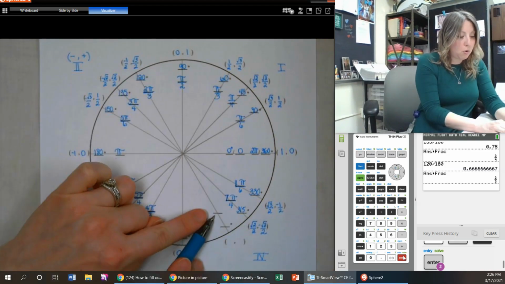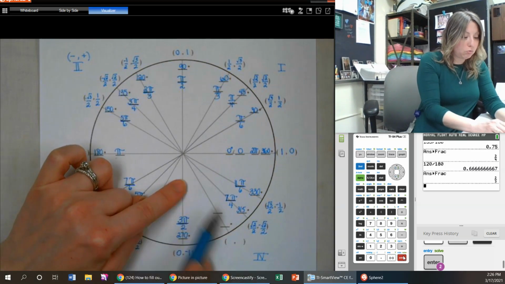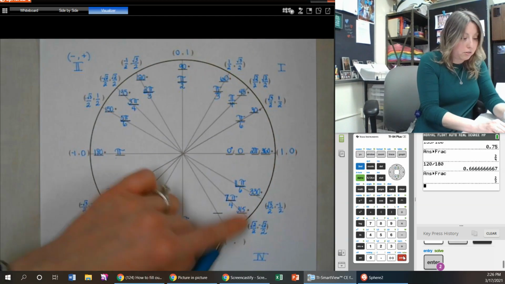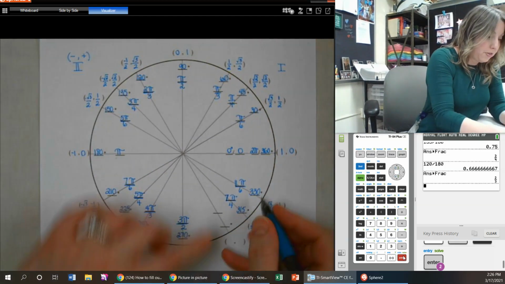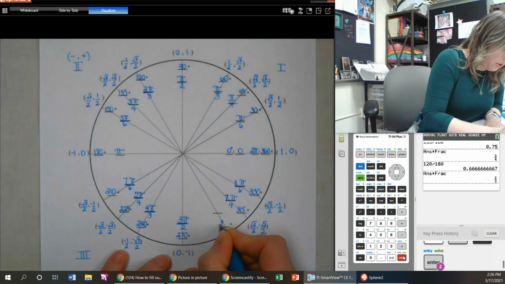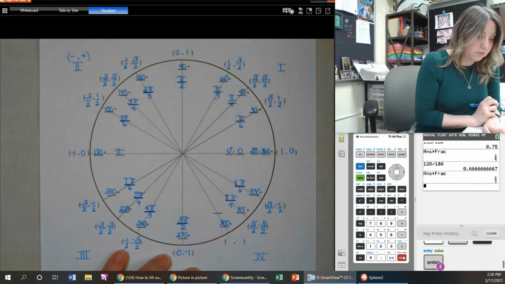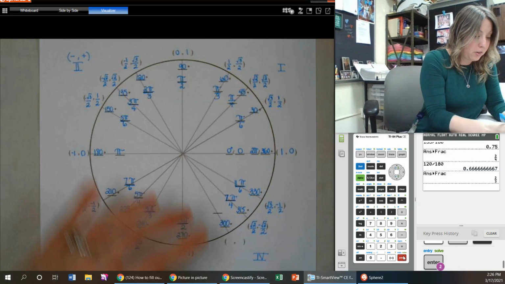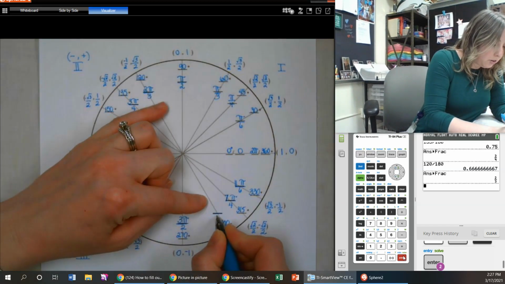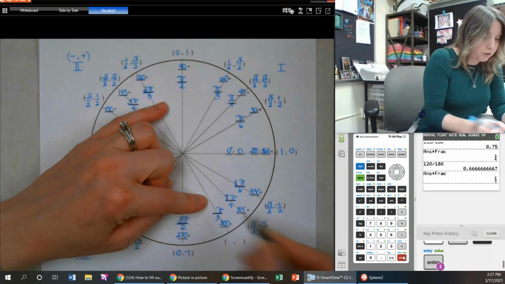And then last one, 60-degree reference angle right here. You can think of it as just adding 30 from this one going over, or you can think of it as 360 minus 60. So it's 300 degrees in your circle. These 60-degree reference angles always have a denominator of 3, so it's something pi over 3.